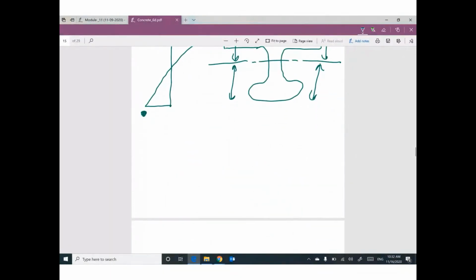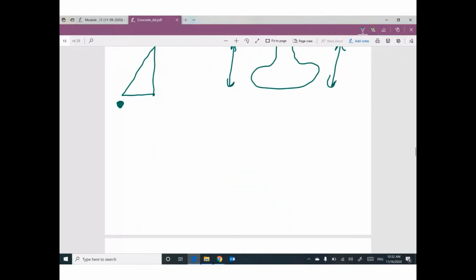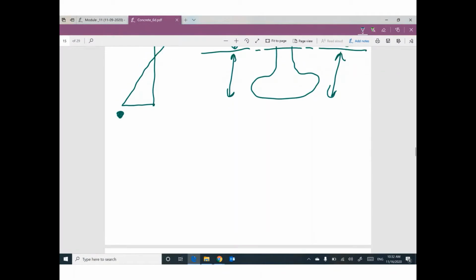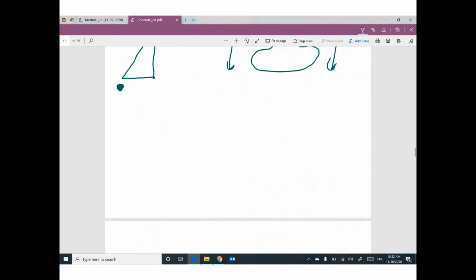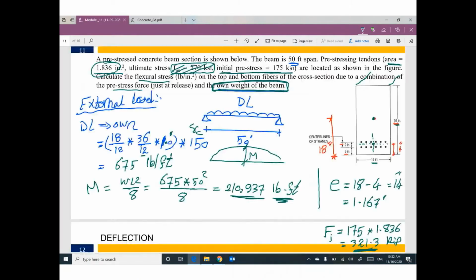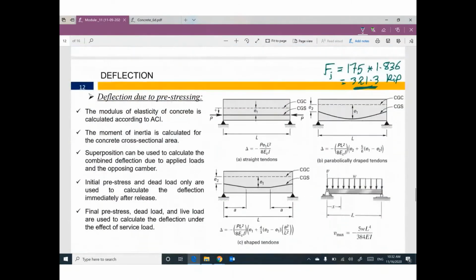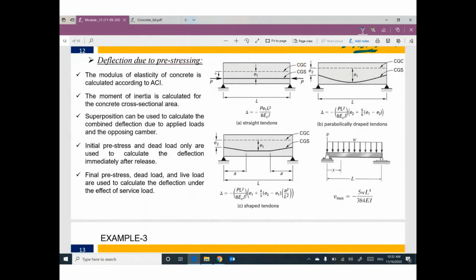This question is very important. How to figure out the final stress? Deflection.